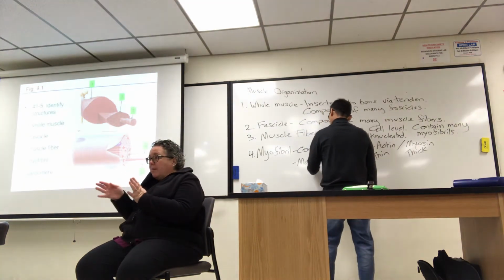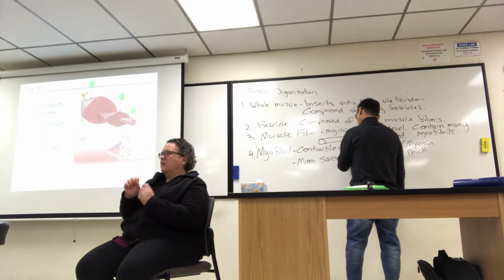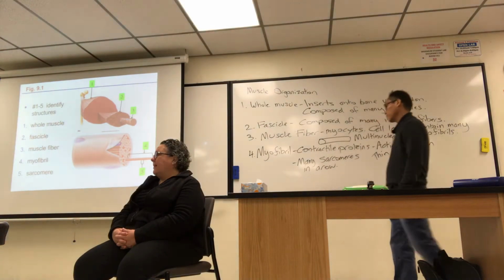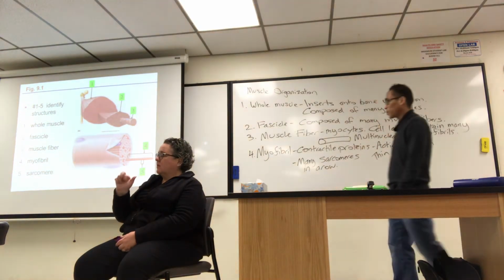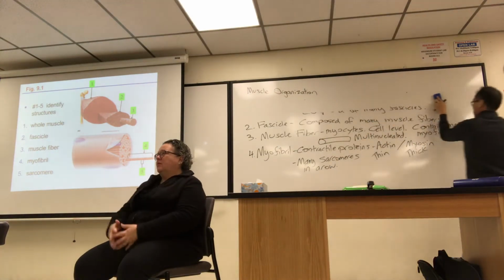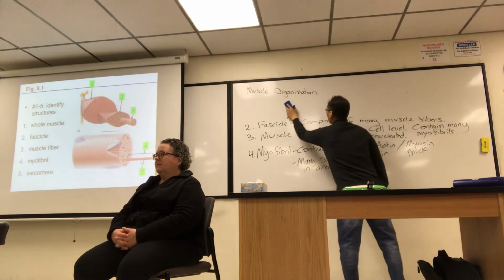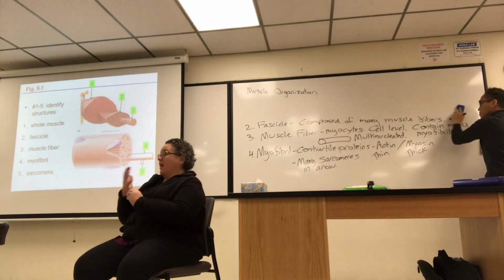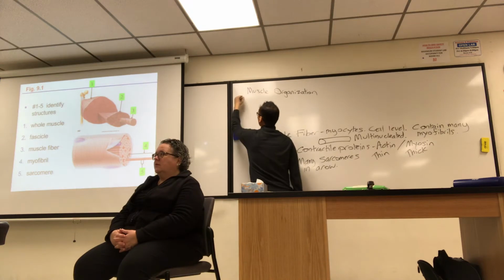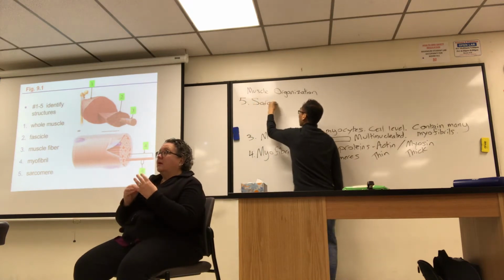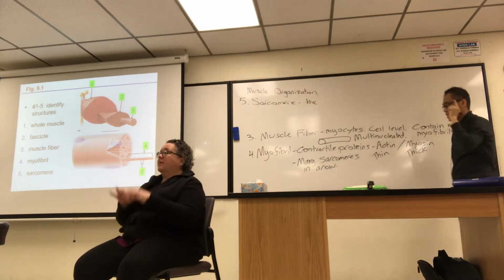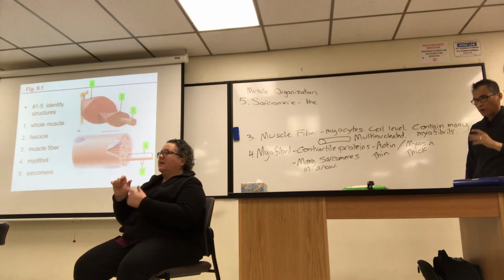So the sarcomere is actually the smallest level of organization in muscle. Describe it as the smallest structural unit of muscle.